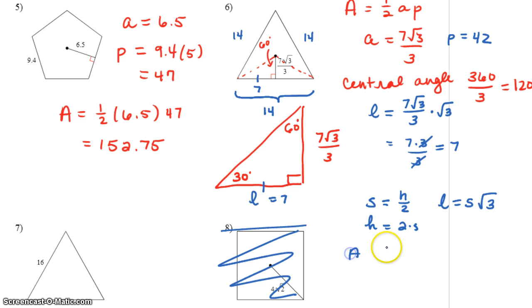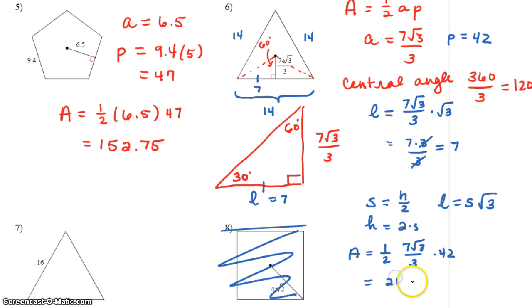So our area is 1/2 times 7√3/3 times 42. And I know you're going to get frustrated because of these radicals. Don't, they're just numbers. Okay? Take your whole numbers at a time. So we have 1/2 times 42.